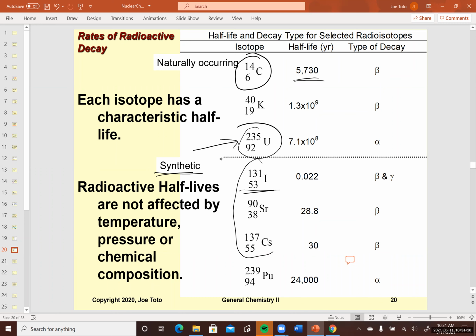These guys are used in medicine. This one here probably is not going to be used in medicine because it's an alpha emitter and that would do damage. So maybe power, that could go into power plants or bombs or something.